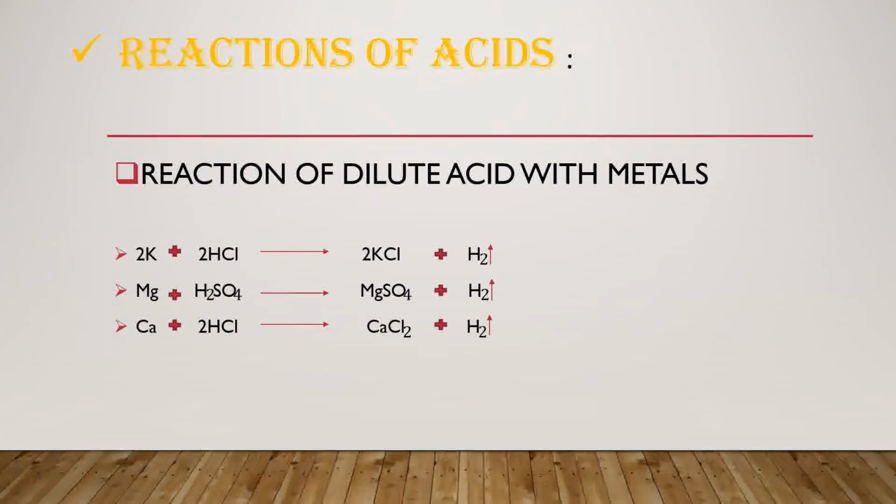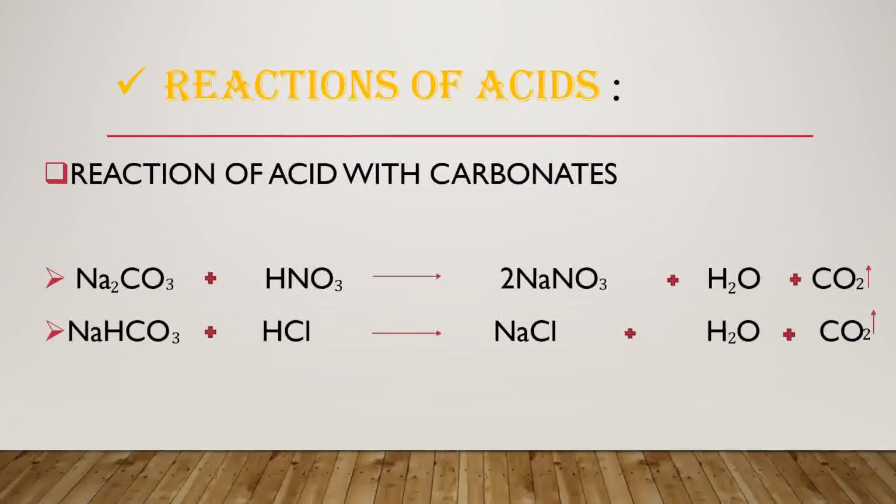Let's move to the other reactions of acids, with carbonates. Now let's learn about the reaction of acid with carbonates. Dilute acids react with metal carbonates or bicarbonates and release carbon dioxide gas.